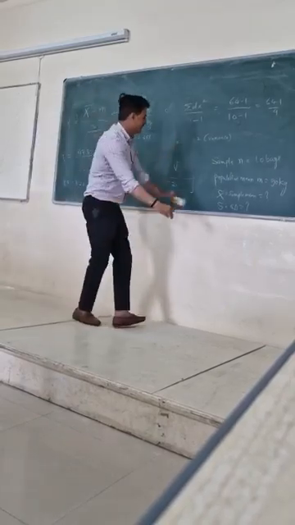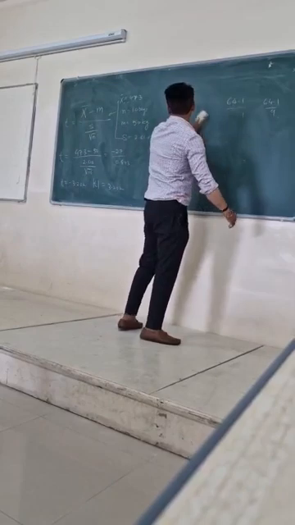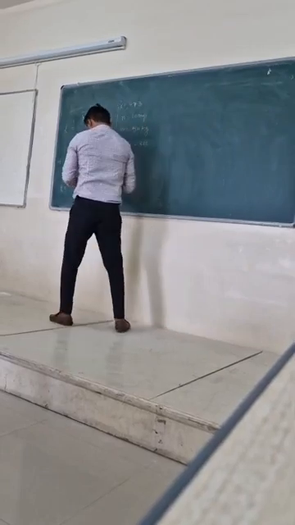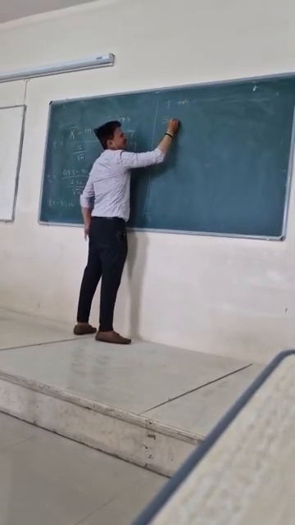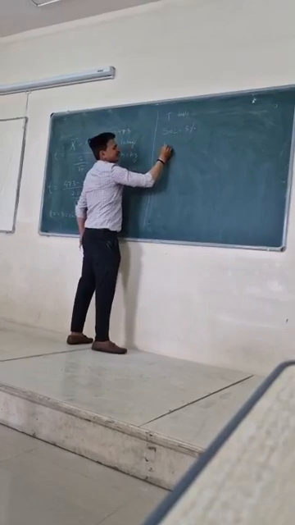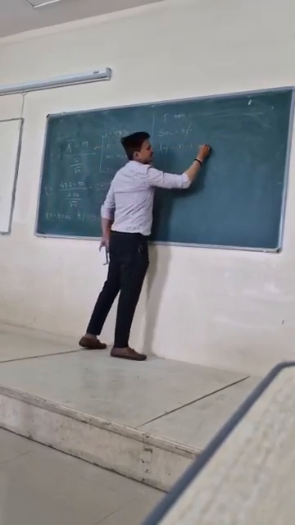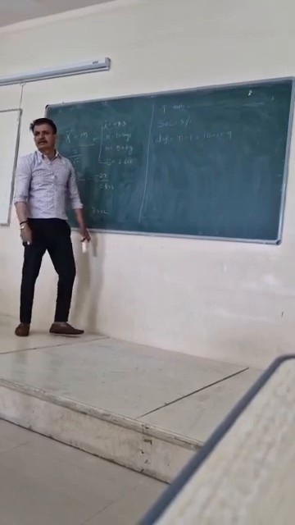Now we have to find the t table value. The level of significance is given as 5%. The degree of freedom is n minus 1. n is 10, and 10 minus 1 is 9. So the degree of freedom is 9.